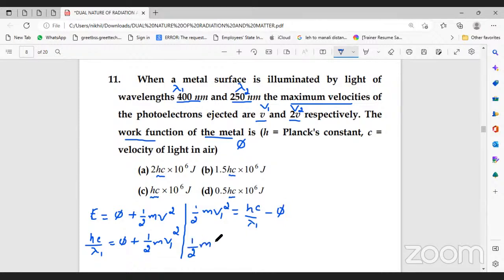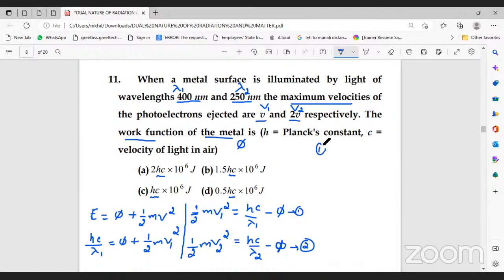Half m v2 square is equal to hc by lambda 2 minus work function, because the work function is the same. Now you can call this equation 1 and this equation 2.